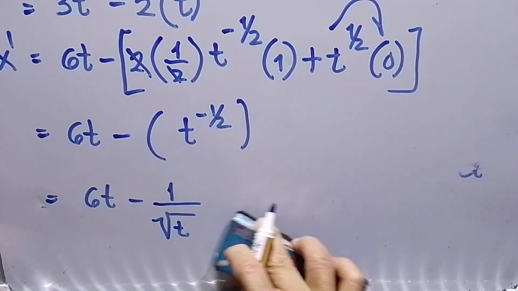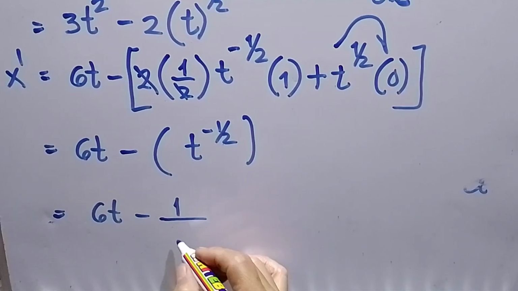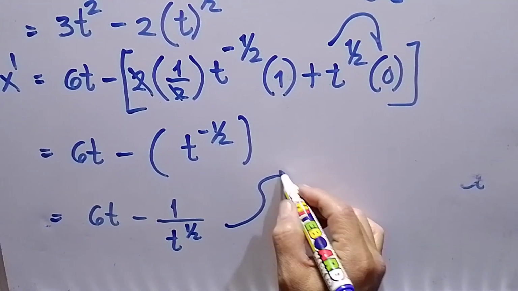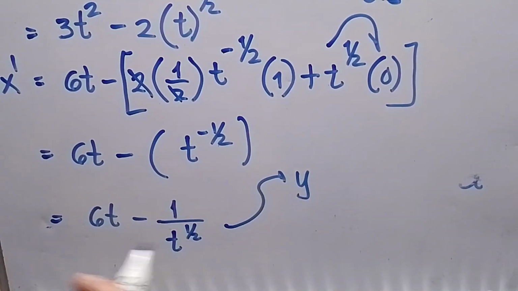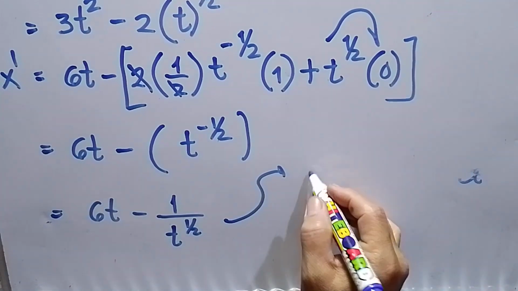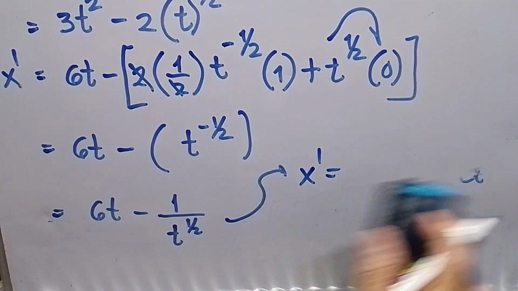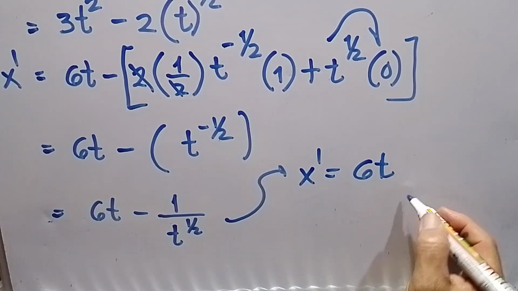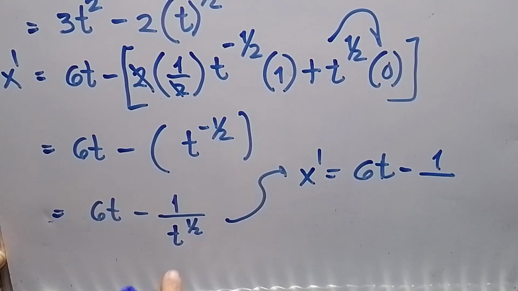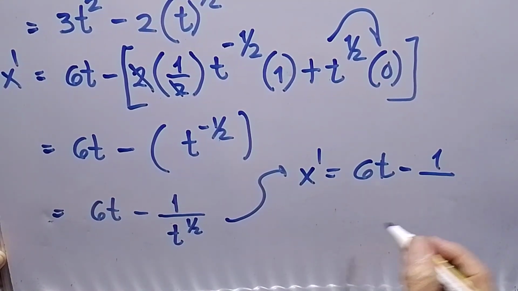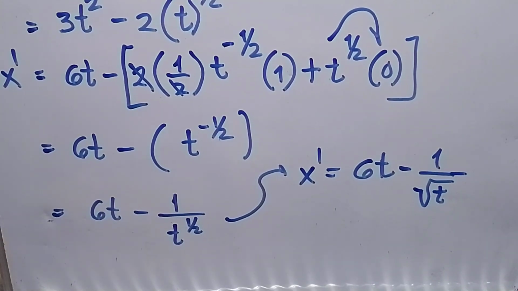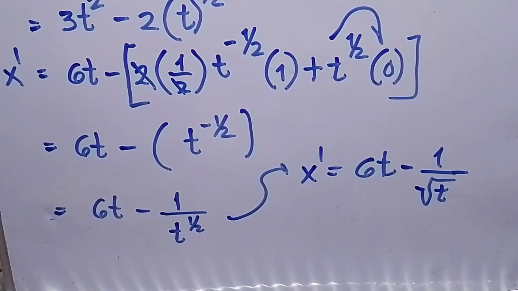So to avoid confusion, I will do this one first, t raised to the power of half. And then x prime is equal to 6t minus, take note, if we write this in radical form, square root of t. So that's the answer for number 3.